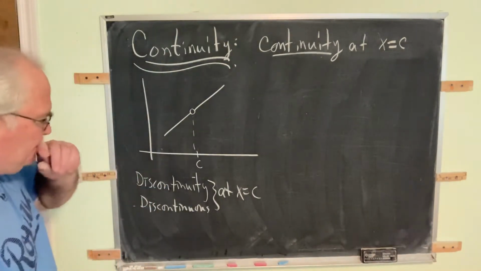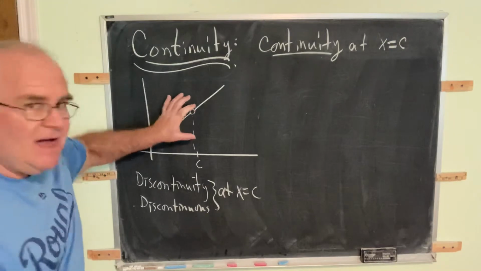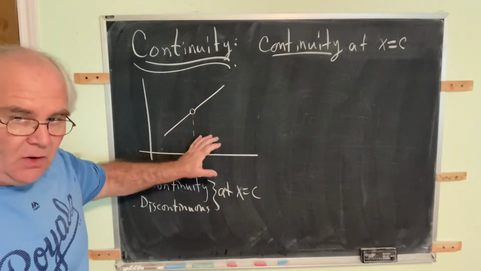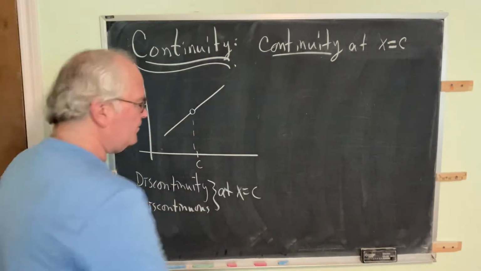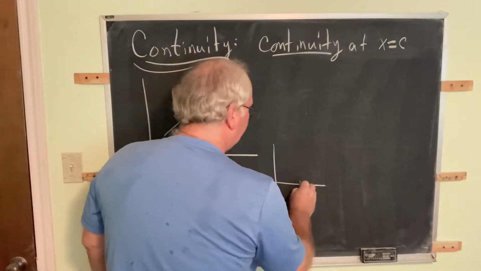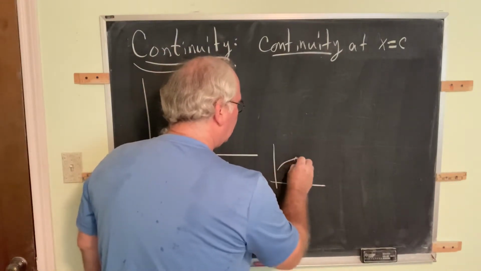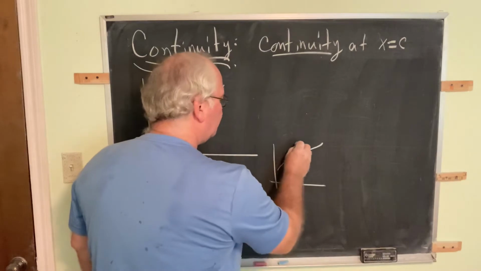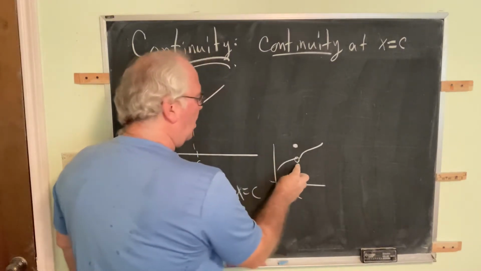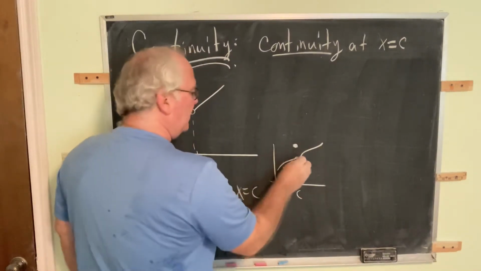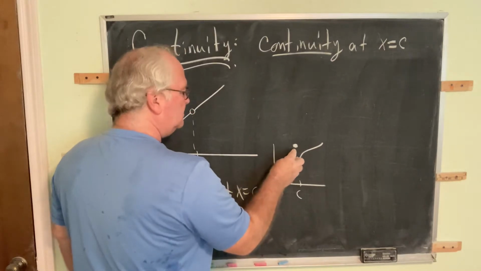Now, a subcategory. It is still this category. It would look something like this. There's a hole here, but the function value is filled up here.